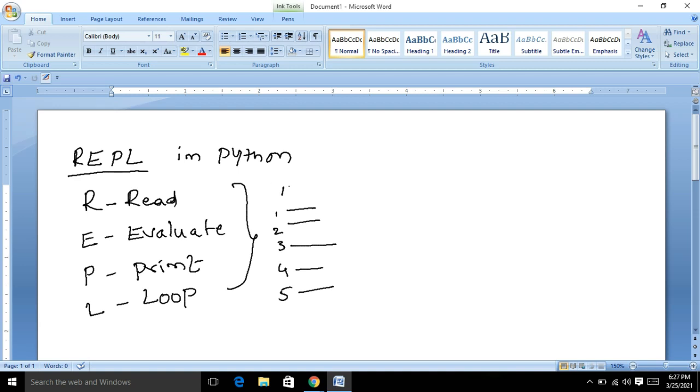Nowadays, we are generally writing programs in high level languages. Python is also a high level language, but the processor or the system cannot directly understand programs written in a high level language.